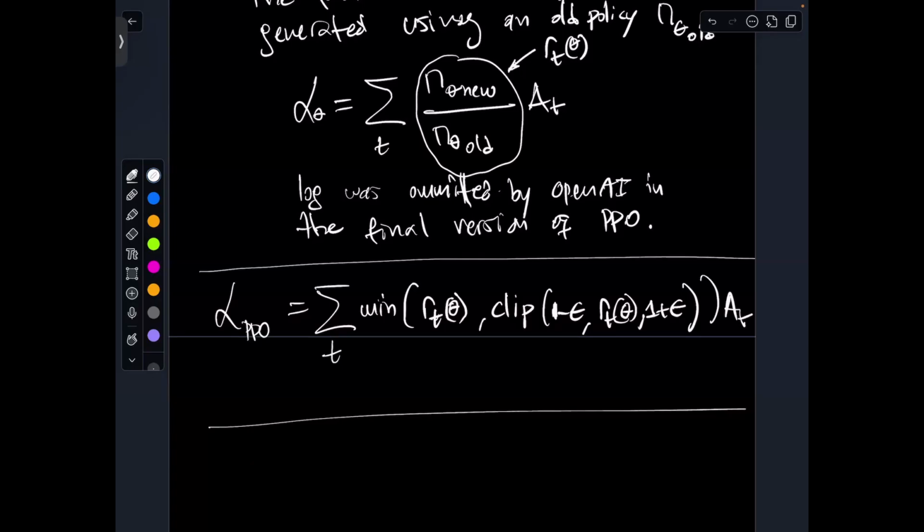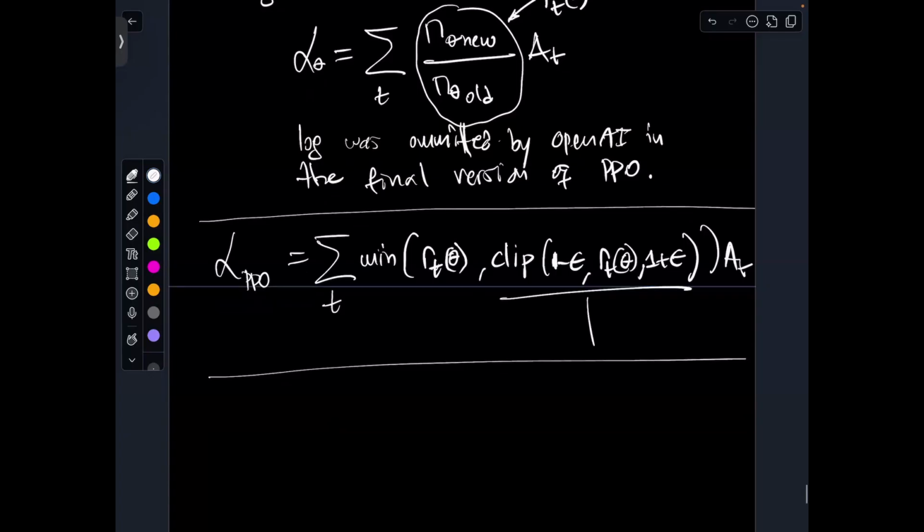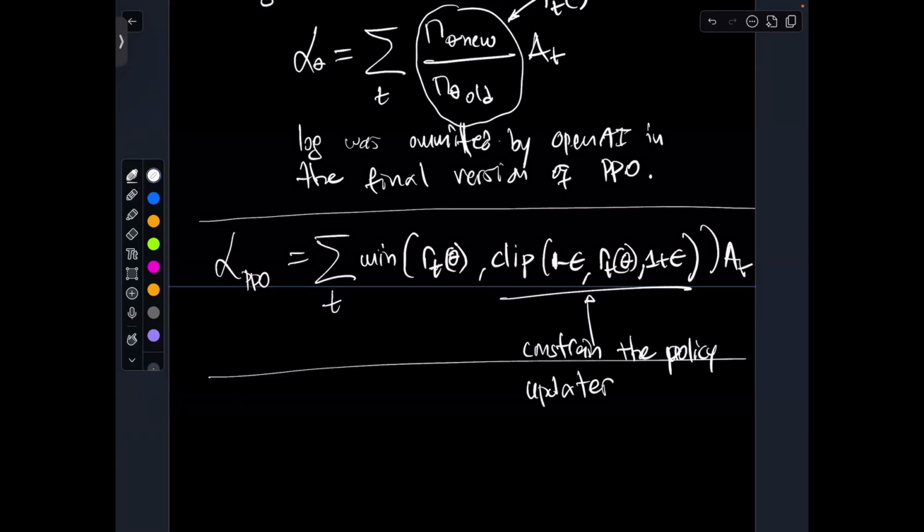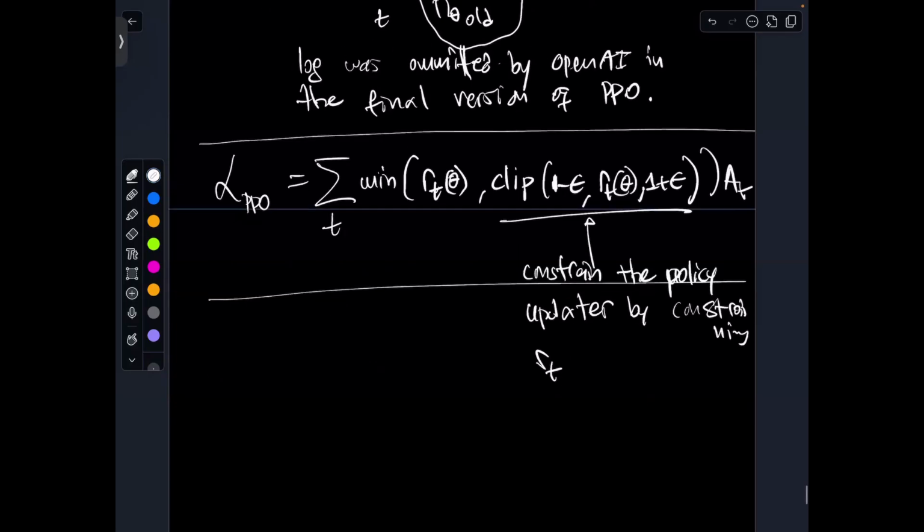Basically, we constrain the policy updates by constraining r t of theta to be between 1 minus epsilon and 1 plus epsilon, where 1, as I told you, means no updates.